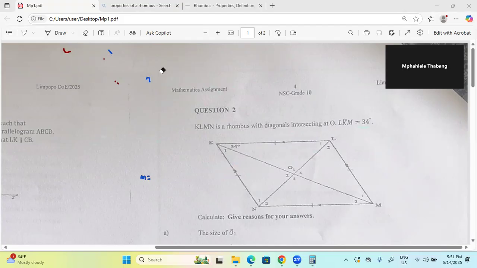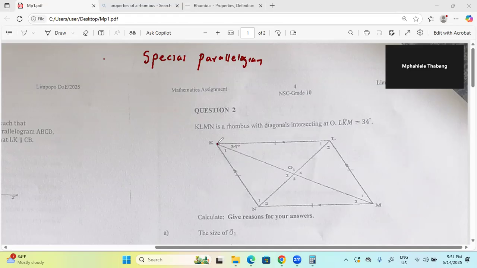They are saying KLMN is a rhombus, okay? So a rhombus is a special parallelogram, meaning that a rhombus is a parallelogram. So if a rhombus is a parallelogram, it has all properties of a parallelogram.